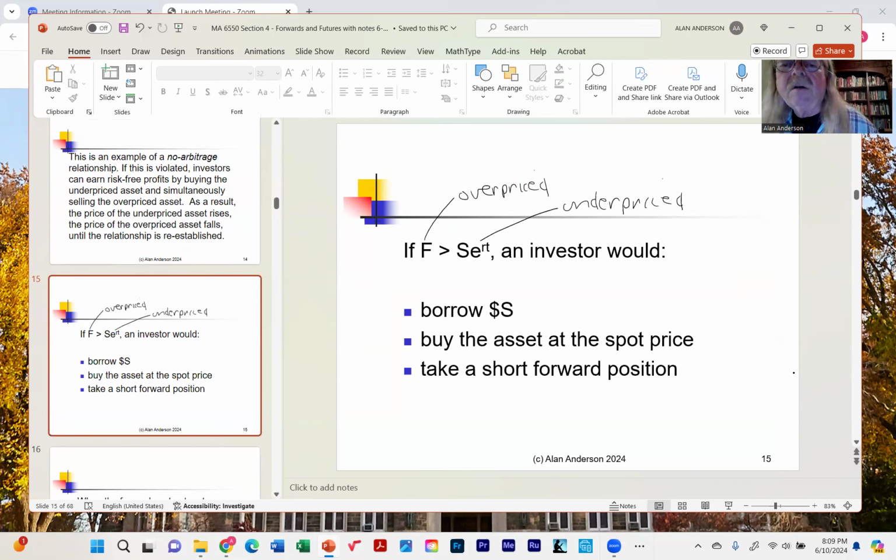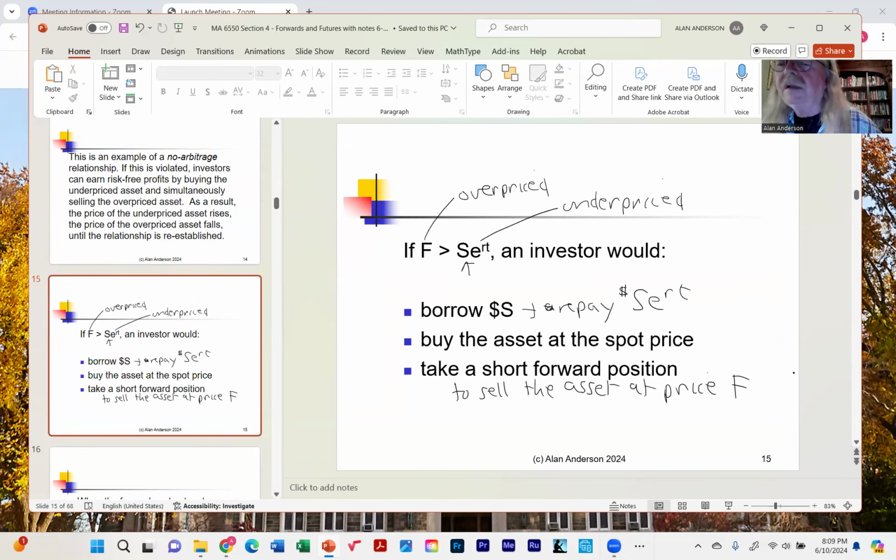We're going to borrow S dollars, buy the asset, and then take a short forward position, meaning we're entering into a contract to sell the asset at price F. And when we borrow S dollars, we're going to assume that we will repay Se^(rT) dollars. That's the cost of borrowing this money.